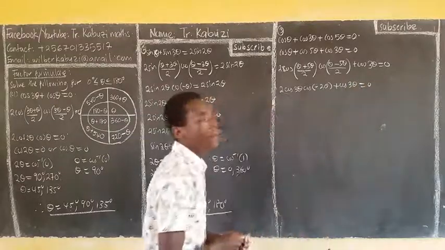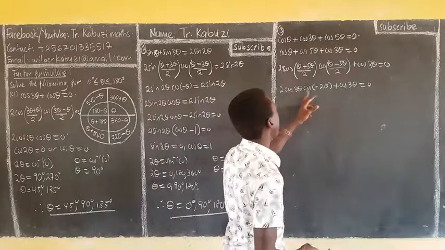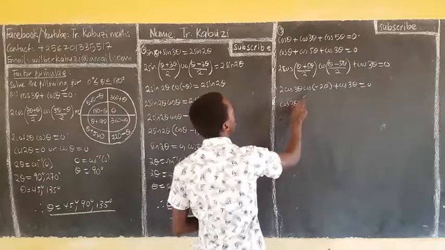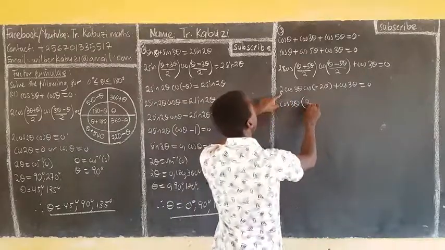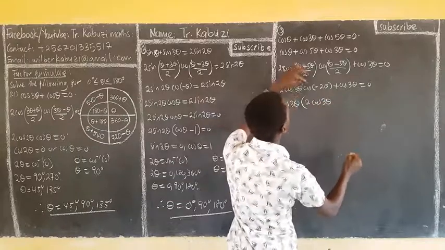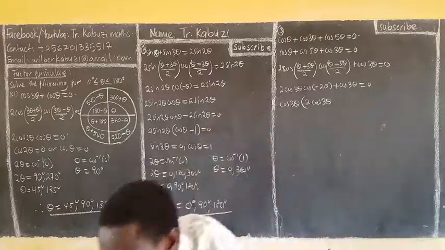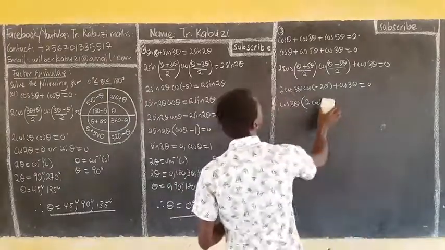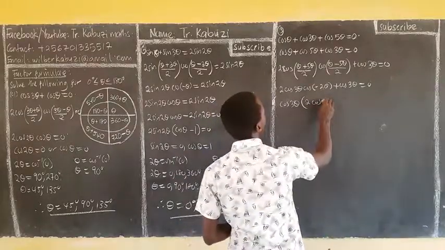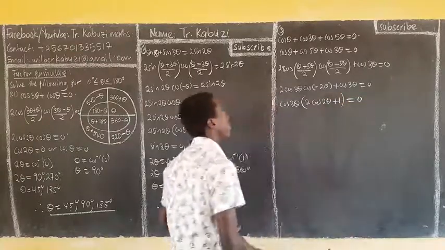And we say cos of a negative is the same as cos of a positive. From here, cos 3 theta is common. So my cos 3 theta out, I'll be remaining with 2 cos 2 theta, because the cos of a negative is the same as cos of a positive, then plus 1 equaling 0.